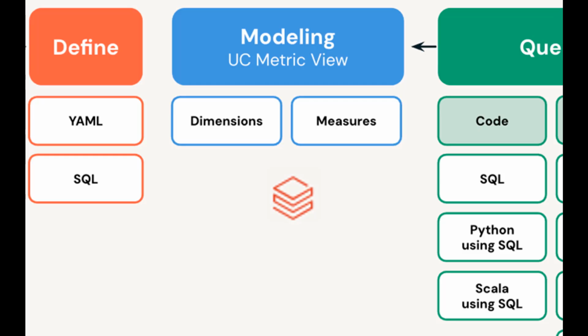Databricks took a similar philosophy, right? They are using Unity Catalog metric views, and the idea again is that you define your business metrics once at the data layer inside the Unity Catalog, and then it becomes reusable across dashboards, AI models, SQL queries, and data engineering tools.